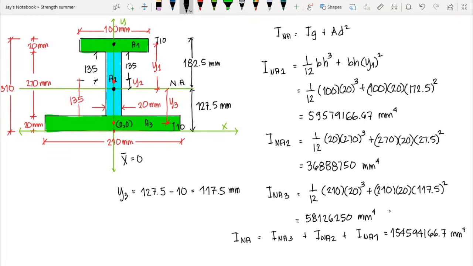So we have now our moment of inertia for the entire section that is asymmetrical with respect to the x-axis.